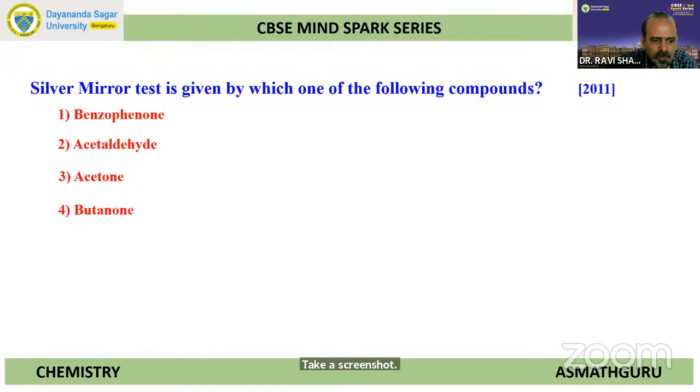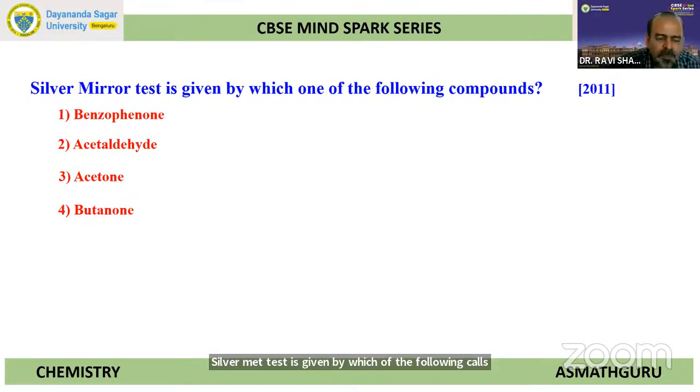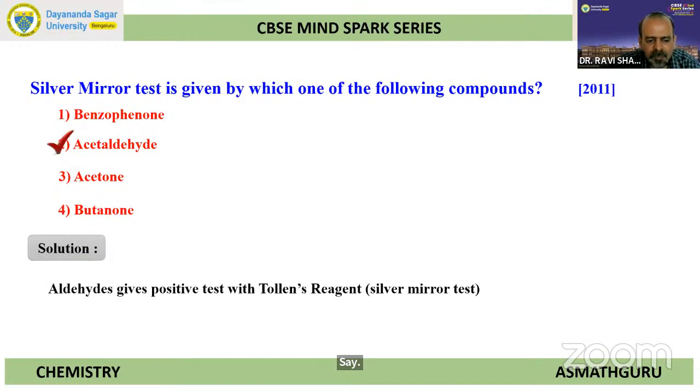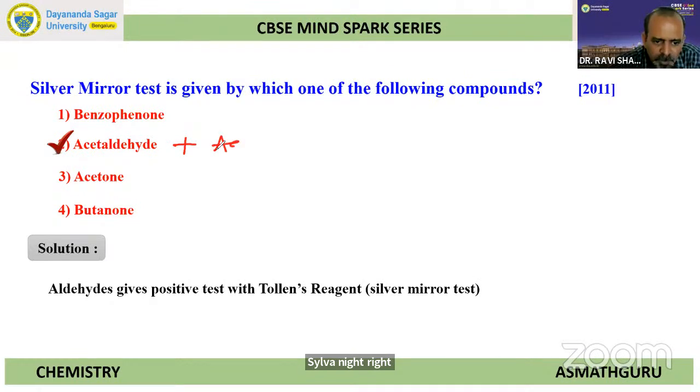Silver mirror test is given by which of the following compounds? Sir, acetaldehyde. Aldehydes will give Tollens' reagent and Fehling's solution. Can you tell me how they give silver mirror? Anybody? Sir, aldehyde is treated with Tollens' reagent, silver nitrate, and OH minus.